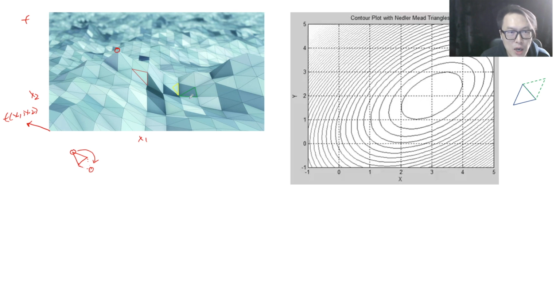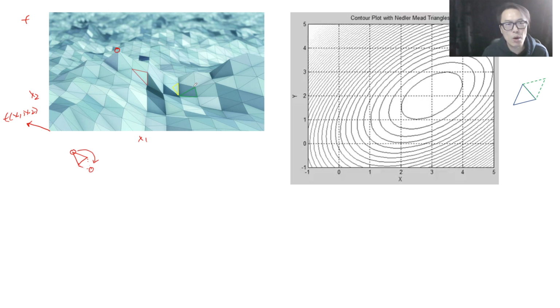Again, this green triangle, that is not this one, not this one, and in each iteration, we only have one triangle in this space. That means when we roll this triangle during the contraction, at some point it becomes this green triangle. And now the same case, no matter where you flip, we cannot improve the cost.